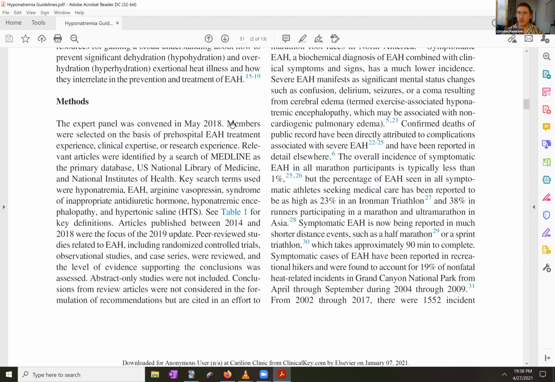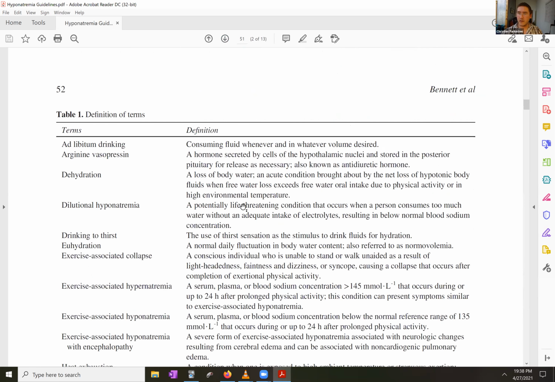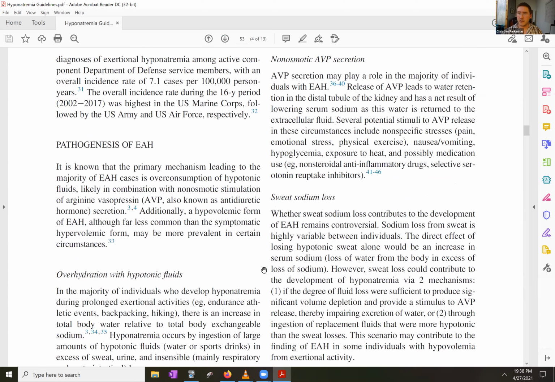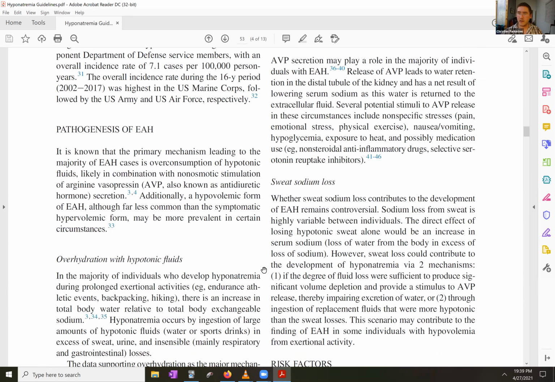But let's get down to the definitions. When they're talking about pathogenesis, we've already covered this. You're just talking about this page 54, 53. But the major malfunction here was overhydration with hypotonic fluids, as we were talking about.